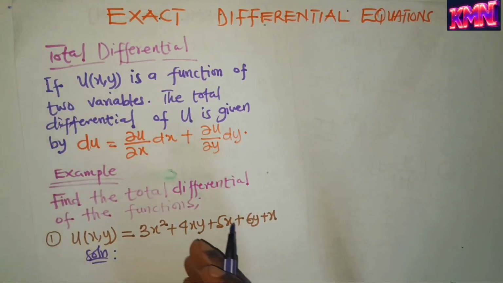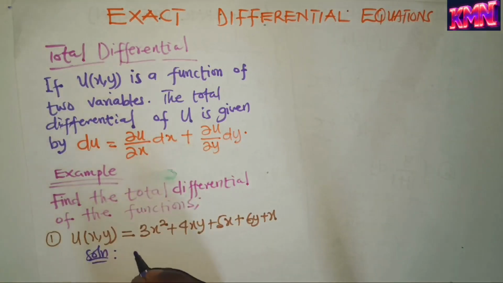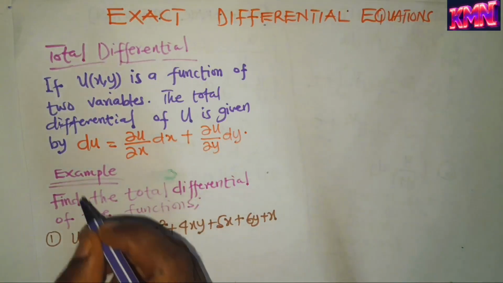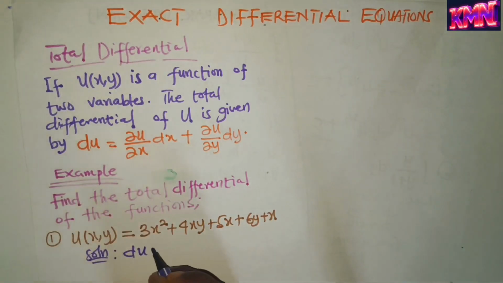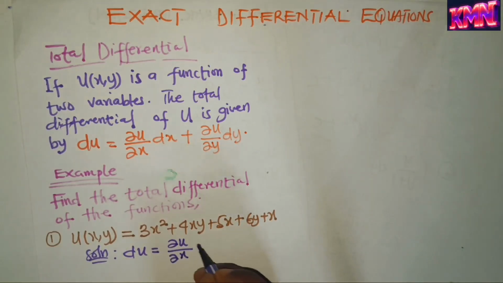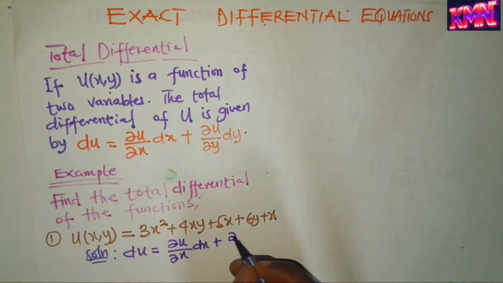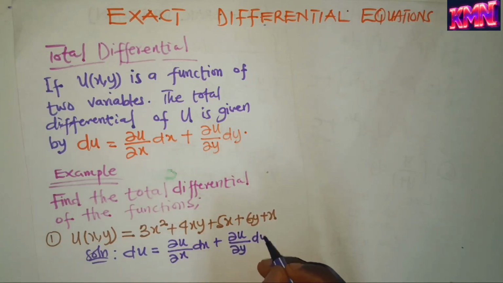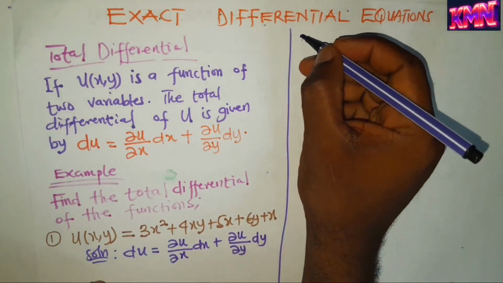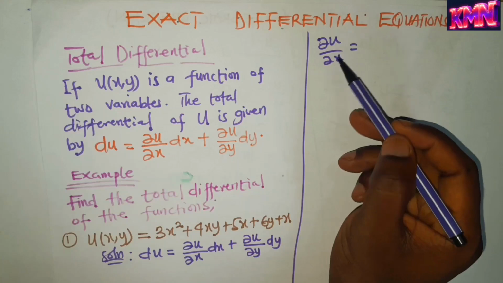As we stated earlier, the total differential of the function u equals the partial derivative of u with respect to x, dx, plus the partial derivative of the same function with respect to y, dy. Now let's find the partial derivative of u with respect to x.